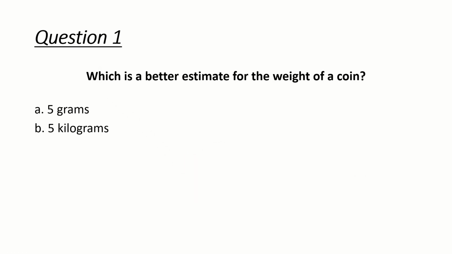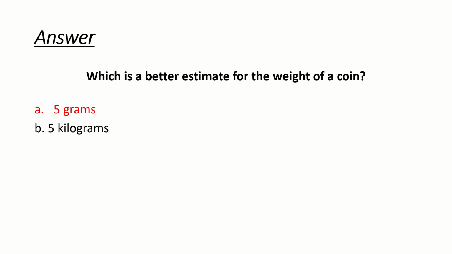Now let's practice. Which is a better estimate for the weight of a coin: 5 grams or 5 kilograms? The answer is 5 grams. The answer cannot be 5 kilograms because, as you see, kilograms would be quite too much.